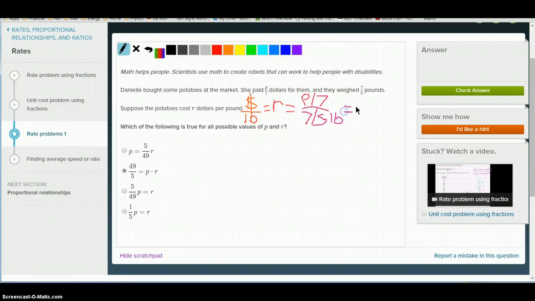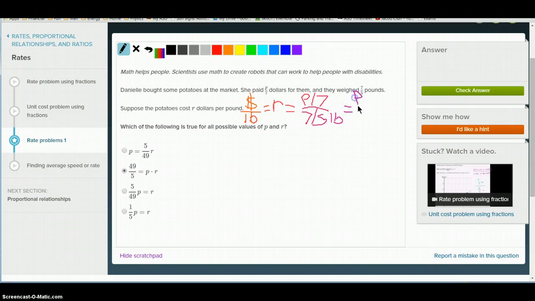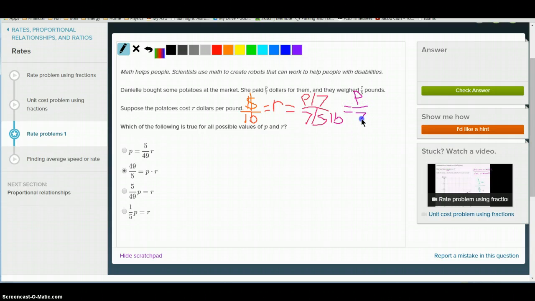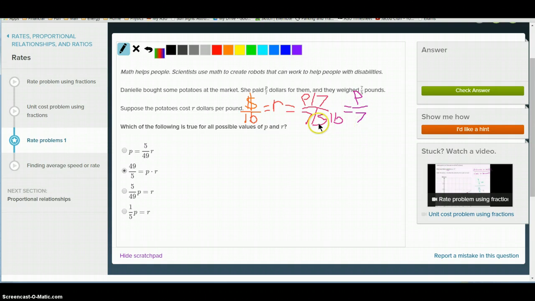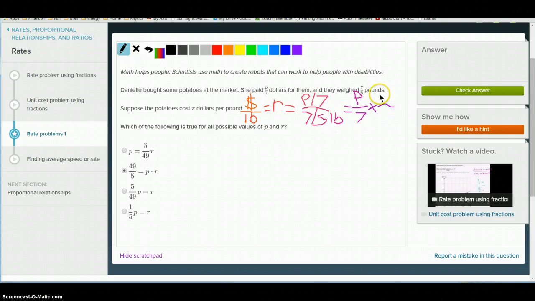Okay, so we'll rewrite this a little bit. We'll do P over 7, and then we'll divide that by 7 over 5. When we divide by a fraction, we multiply by the reciprocal. So instead of dividing by 7 over 5, we're going to multiply by 5 over 7.